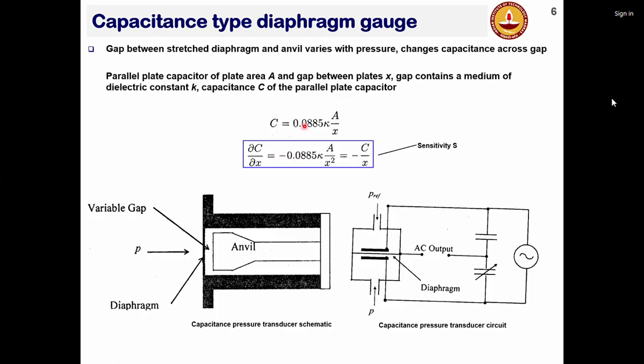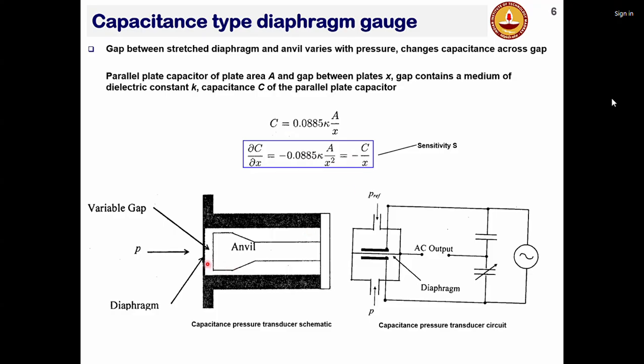Now, if you ask what is the change in the capacitance for a given change in the displacement, dC over dx, if you take the derivative of this, it will be minus 0.0885 K A over x square. And that is simply minus C divided by x.